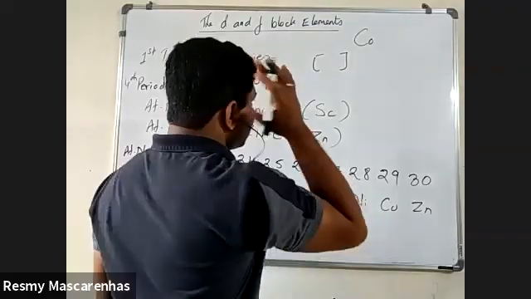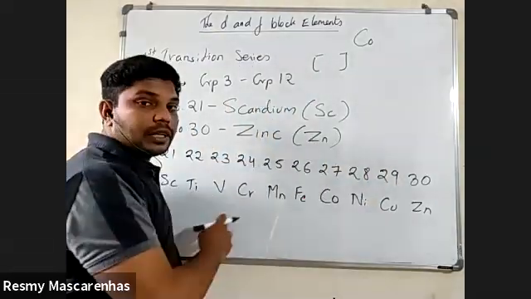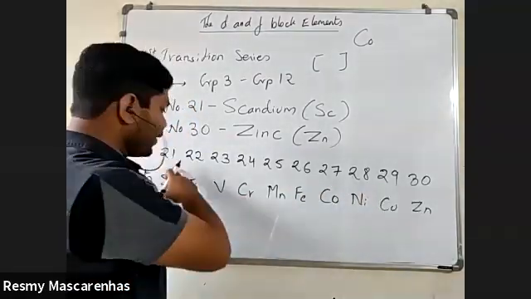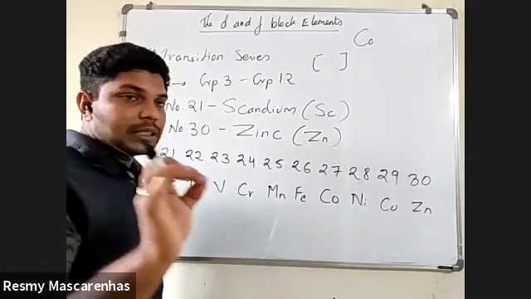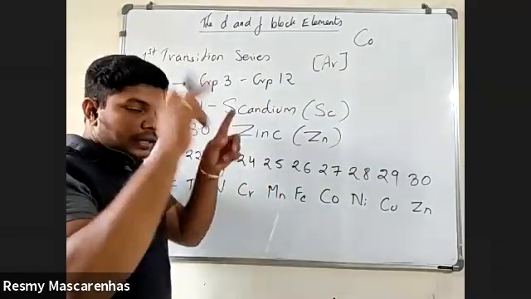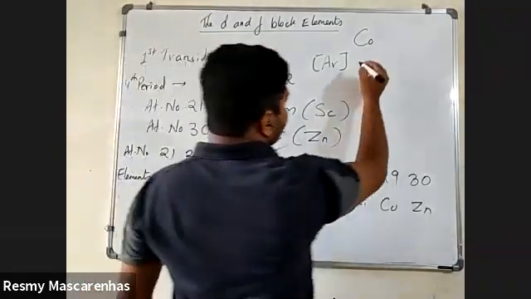Before that, argon. Very good. So always remember, whenever you write the electronic configuration of any of these elements from 21 to 30, you need to write argon at the start in the bracket. Then what is the electronic configuration?